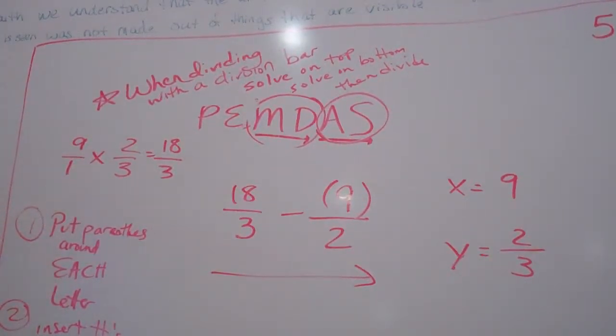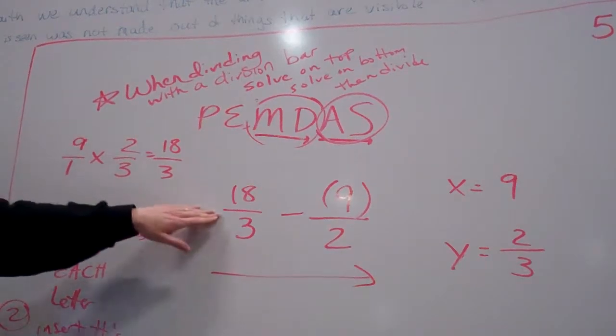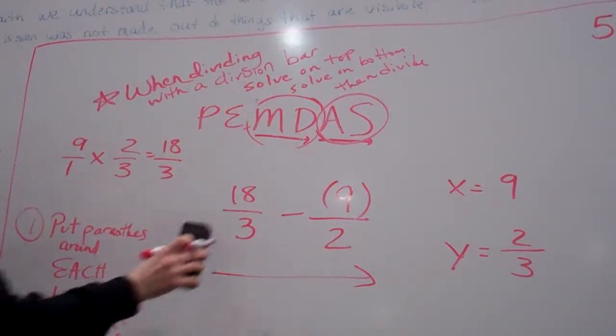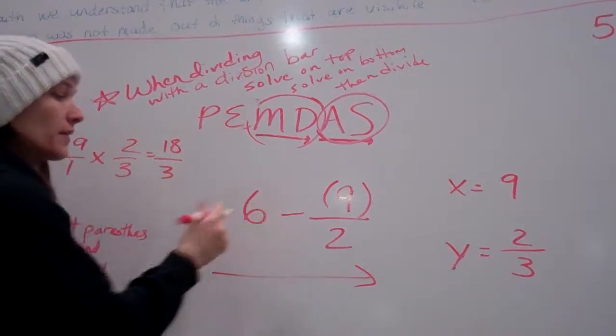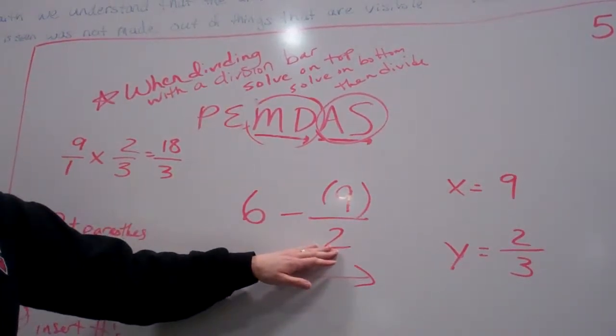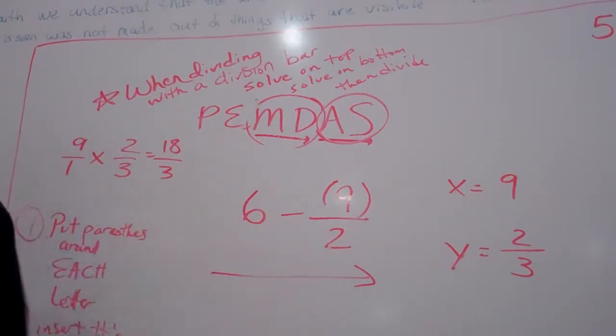Okay, so anybody know what the answer is on that part? Yeah, 18 divided by 3 is 6. Okay, and then 9 divided by 2, do we know that? No. Okay, so what should I do here? Put it over 1.